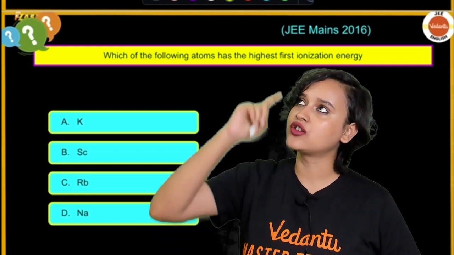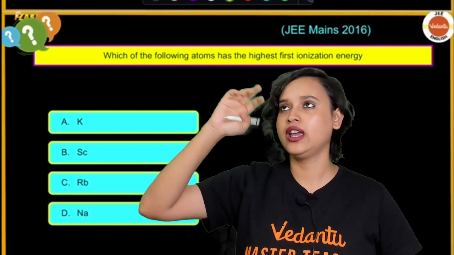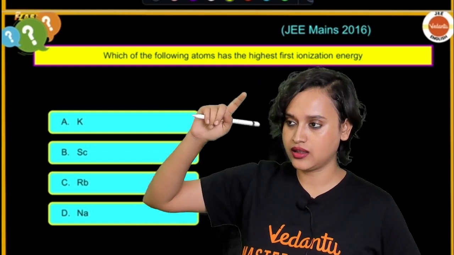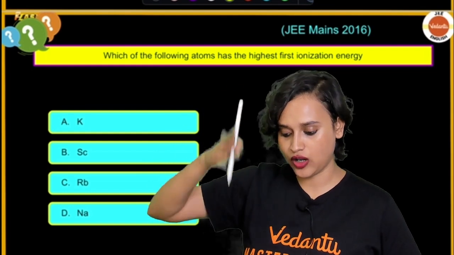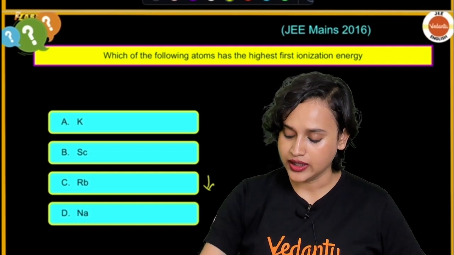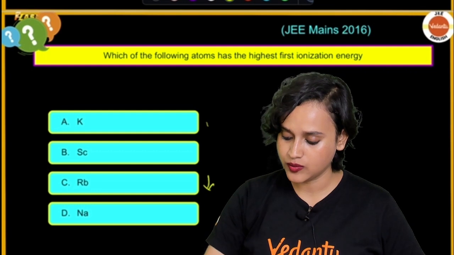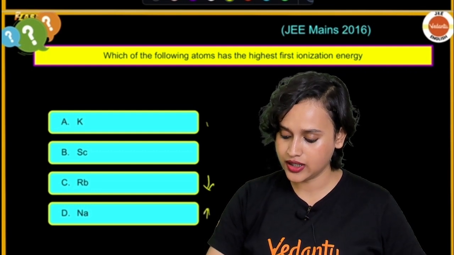Rubidium will have the least, then it will be potassium, then sodium. Sodium will have a high ionization enthalpy.